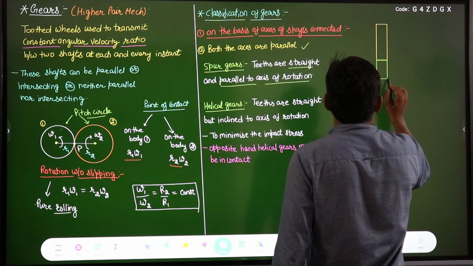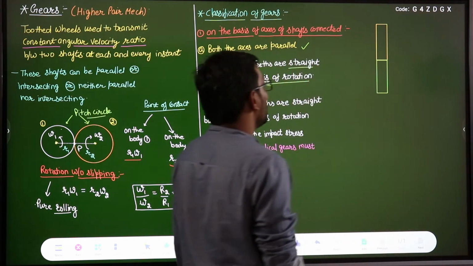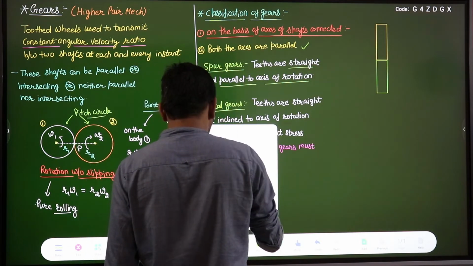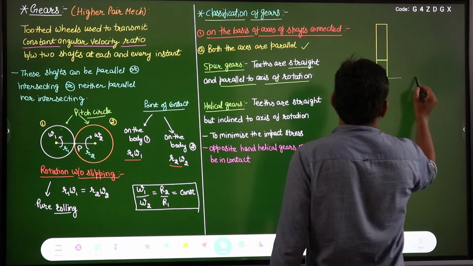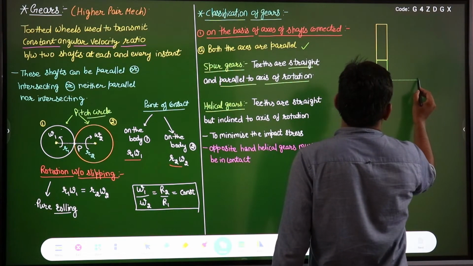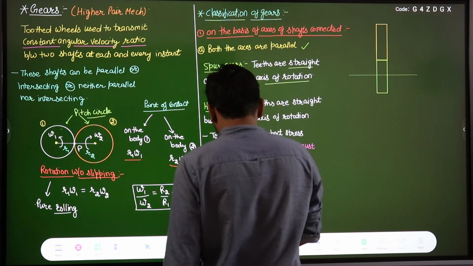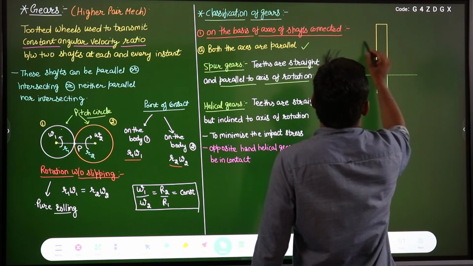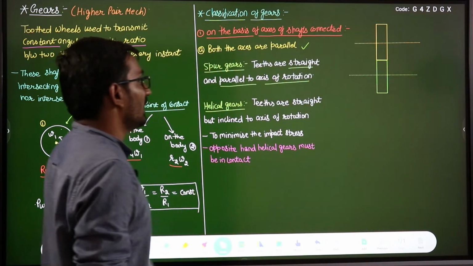They are both in contact with each other at this tooth. Suppose this is the axis of the shaft of gear 2, on which gear 2 is placed, and for gear 1, let us say this will be the axis of the shaft, right?